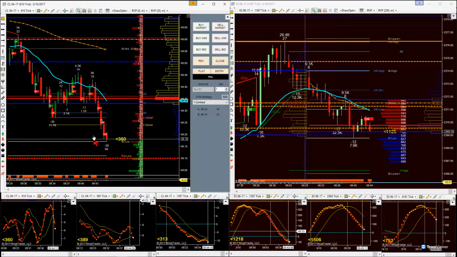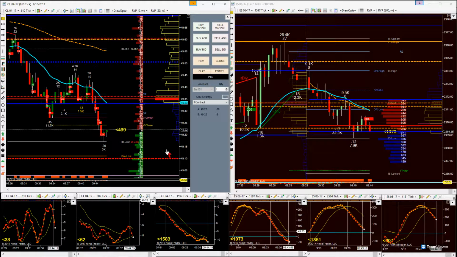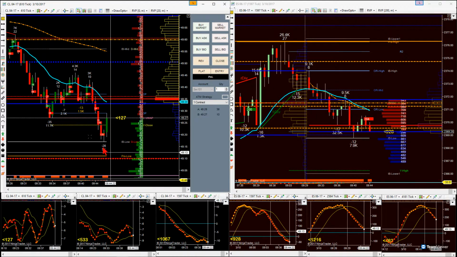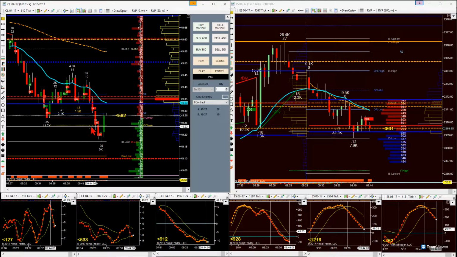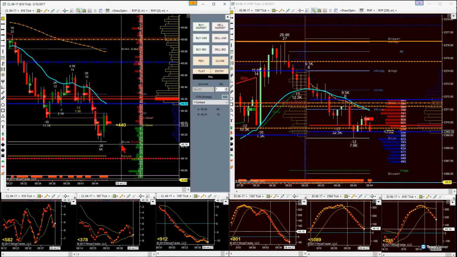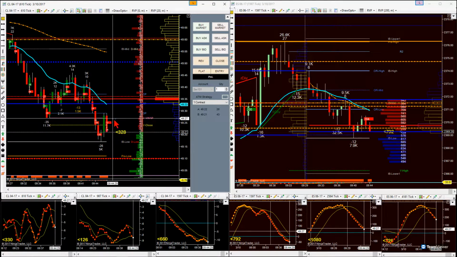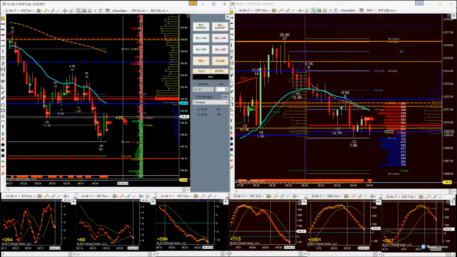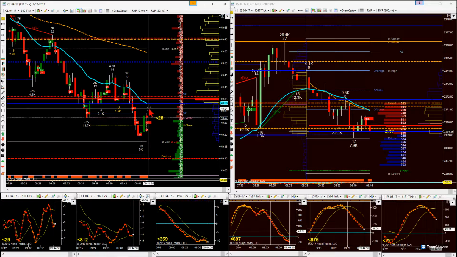Okay, so oh Jesus. So we still have positive divergence. So this is the idea of catching a falling knife, but I have to tell you, I keep getting stopped out of the worst possible spot. These are moving so fast, I don't even have a chance to move my stop price.